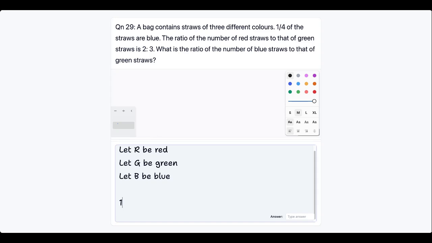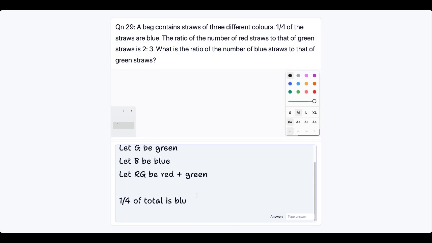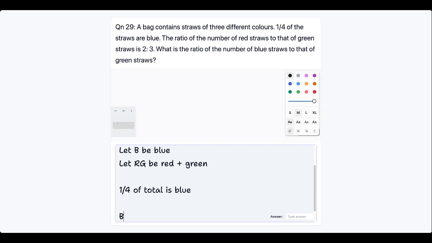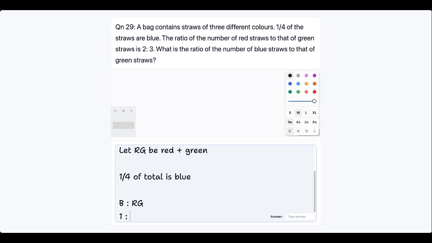So 1/4 of the total is blue. So that means B is to the rest, which is red plus green, RG, is 1:3.